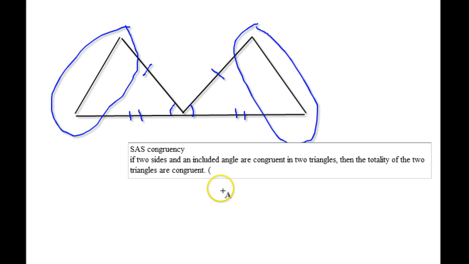Okay. The other side and two angles are congruent. Okay, that's what that one's saying.